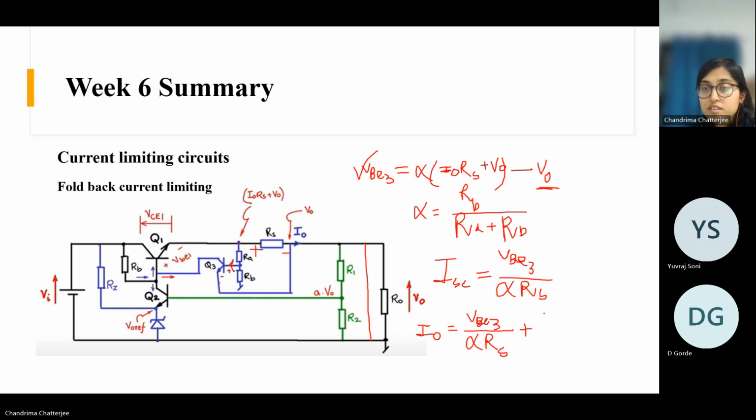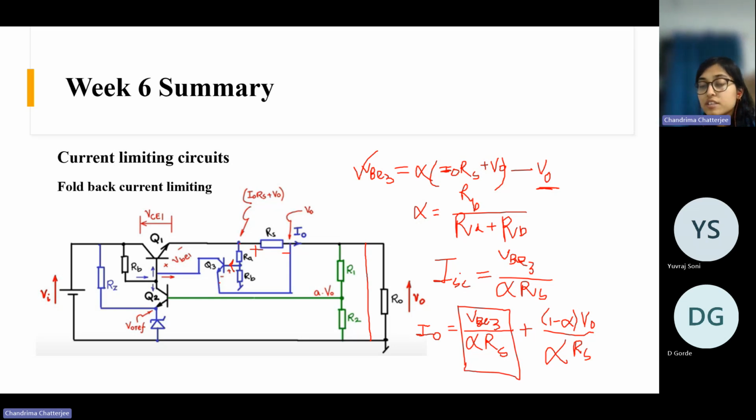So it is V naught and this is alpha V naught, right? So this becomes (1 minus alpha) V naught by again alpha RS, right? So if you see, this portion is the short circuit current, right? That we already saw. This is the short circuit current.